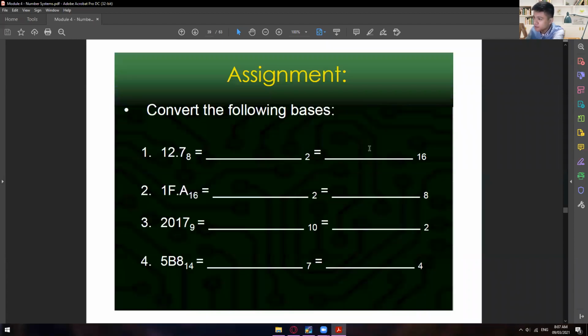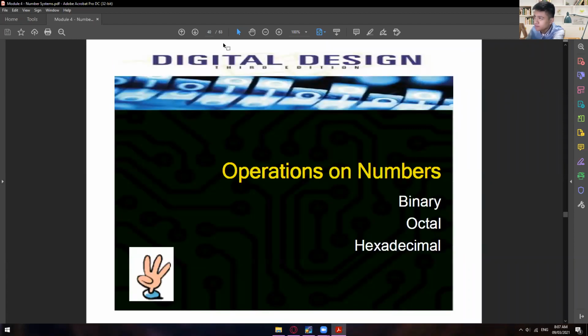So is everything clear so far from slide 1 to slide 40? Hello guys, any feedback? I just want to know if you were able to understand our discussion last meeting, I mean, yesterday.